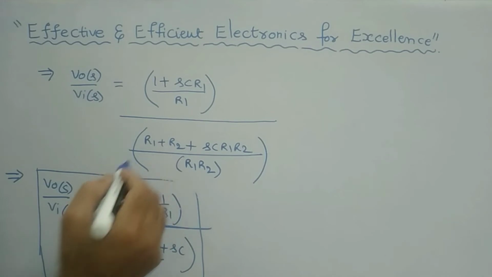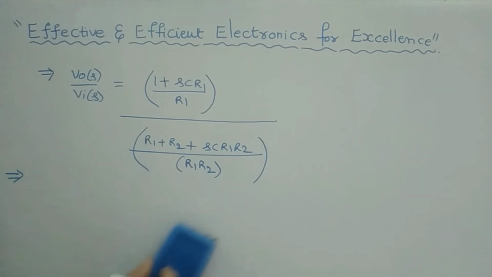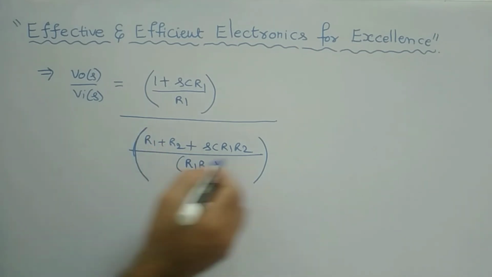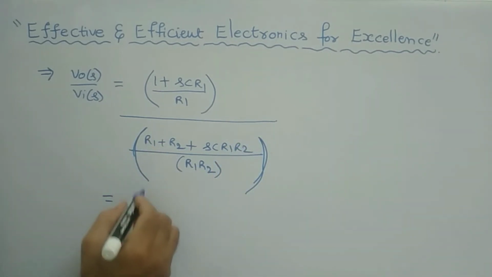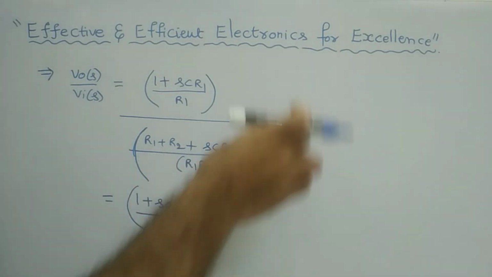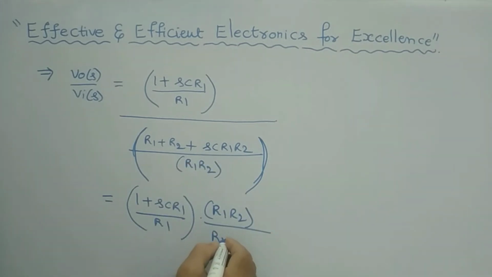Clear? So getting it, no? Therefore, now I erase this particular part, it is not required actually. And further what I need to know from this numerator, I can simplify this as 1 plus SC R1 by R1, let it be like that, and then you take this to the upside, means to the numerator part, then this particular denominator will be reversed, means R1 R2 will go to the upper part, and your R1 plus R2 plus S into C R1 R2 will be in the denominator.